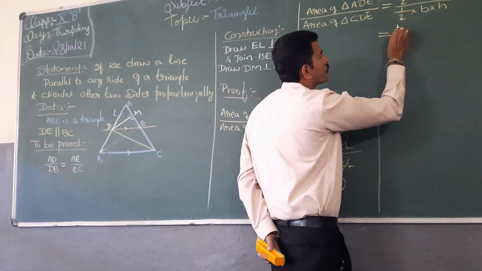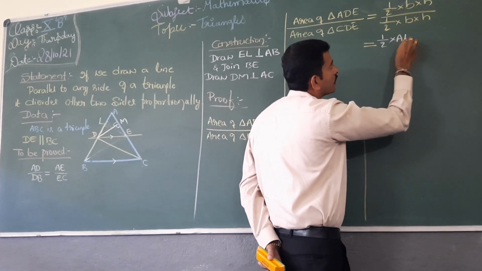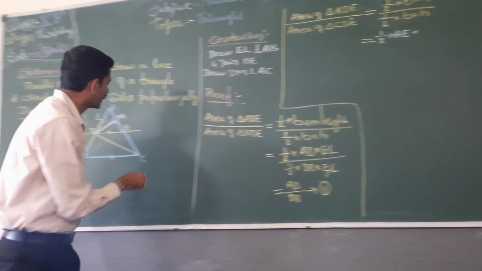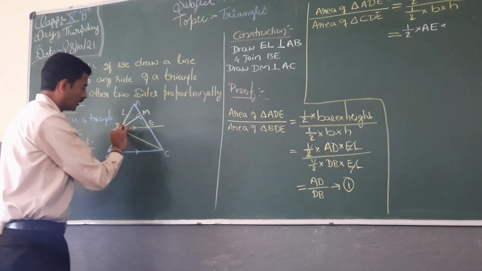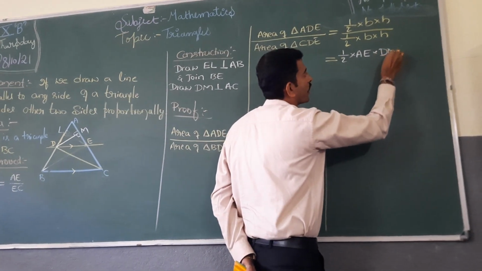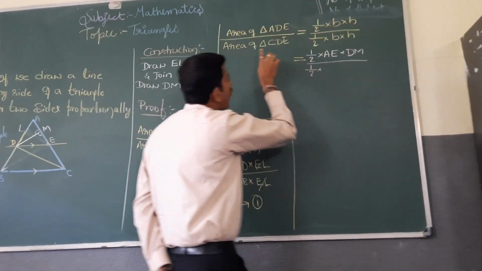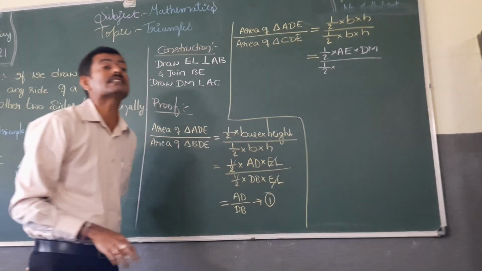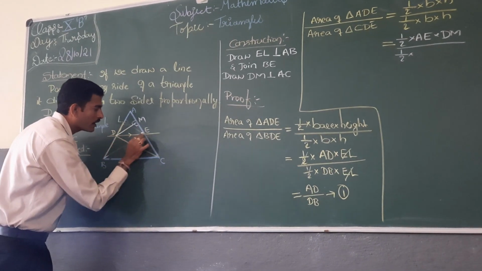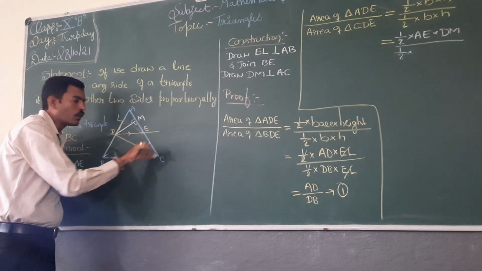Half into base is AE. AE into, what is the height? Height is DM. Again, half into... Sir, I am going to the area of the triangle CDE. For this triangle also, the base is what?